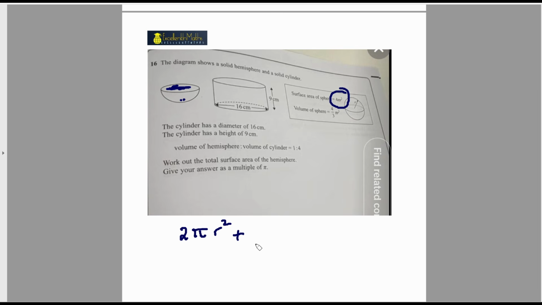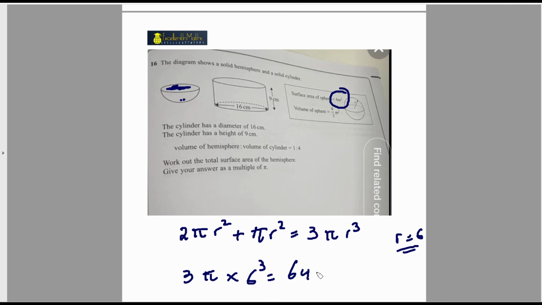Plus the area of the circle at the top, which is pi r squared. That's going to give me 3 pi r squared. You sub in 6 here, since we said r is 6 for the hemisphere. So 3 pi times 6 squared, that's going to give me 3 times 36, which is 108 pi. He wants it in terms of pi, so you can leave it like that.